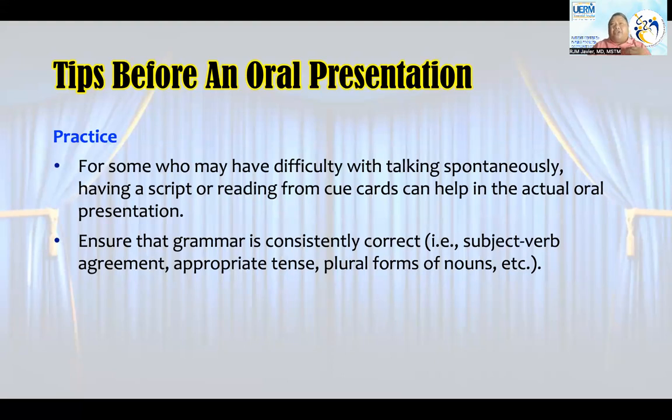For example, when do you use the past tense versus the present tense versus the future tense? Sometimes there would be differences with the way they use the plural forms of nouns. Sometimes even the most seasoned researchers would commit grammatical errors.